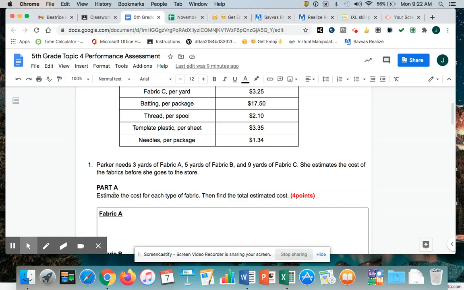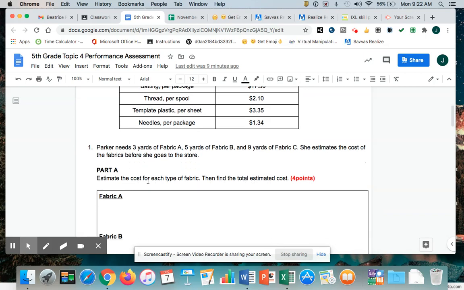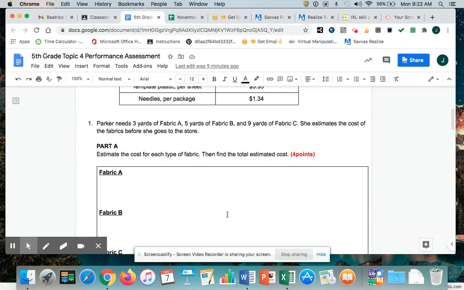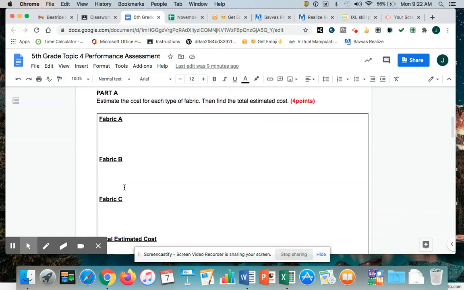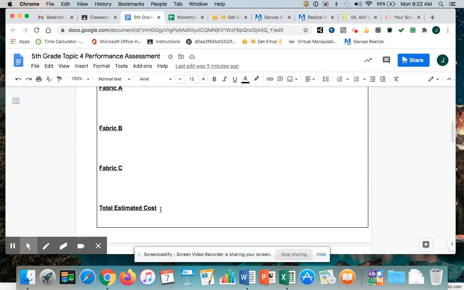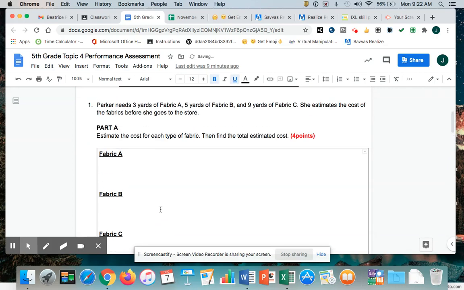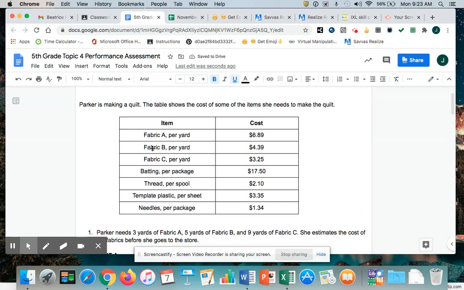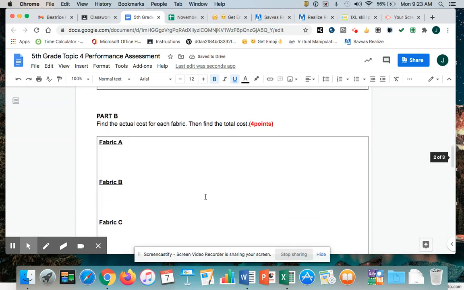Now, part A asks you to estimate the cost for each type of fabric. Then find the total estimated cost. It is worth 4 points. So I've set aside for you here fabric A, fabric B, fabric C, and then you'll find the total estimated cost. Okay? Again, using the data table throughout each question.